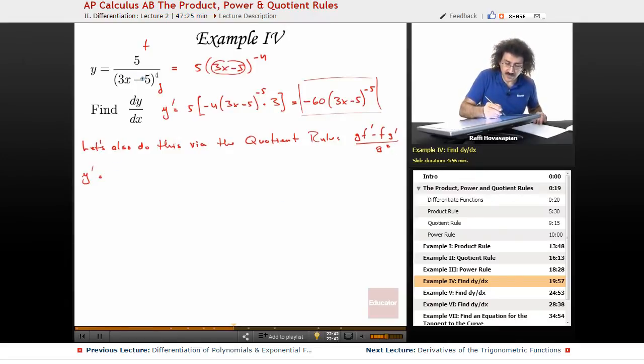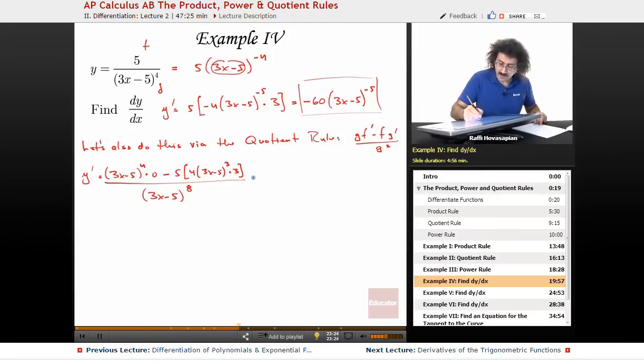So y prime equals (3x minus 5) to the 4th times the derivative of f, f prime, which is 0, minus 5 times g prime, the derivative of the denominator, which is 4 times (3x minus 5) to the 3rd power, 4 minus 1 is 3, times the derivative of what's inside, which is 3, all over this squared, (3x minus 5) to the 8th power.